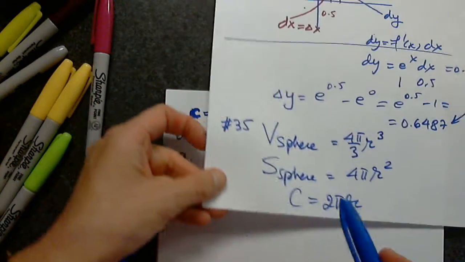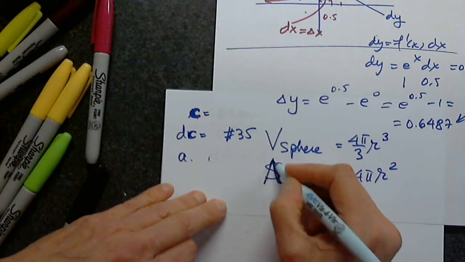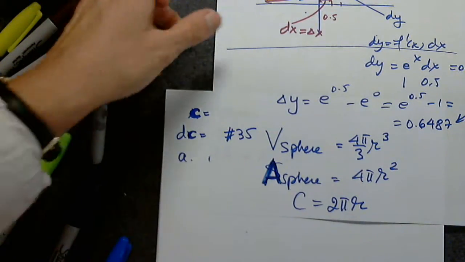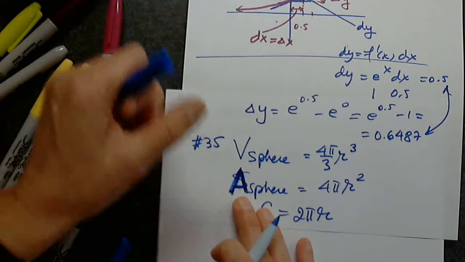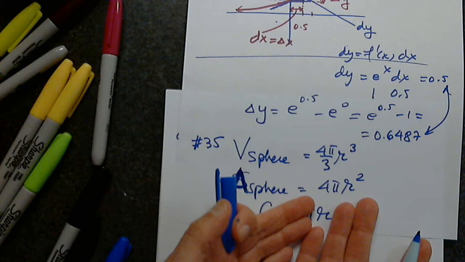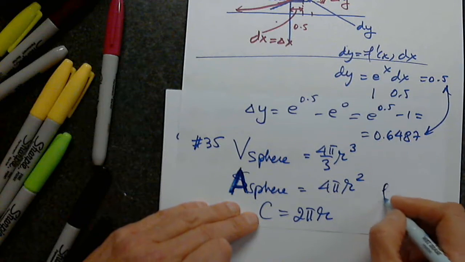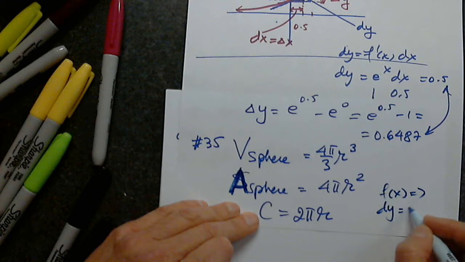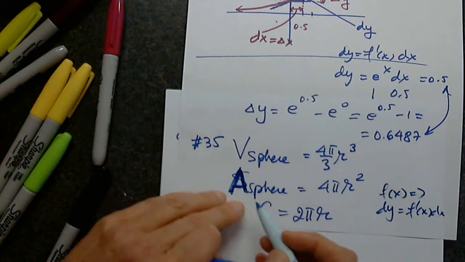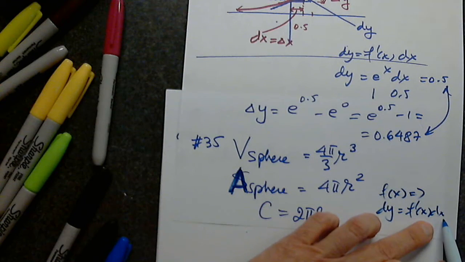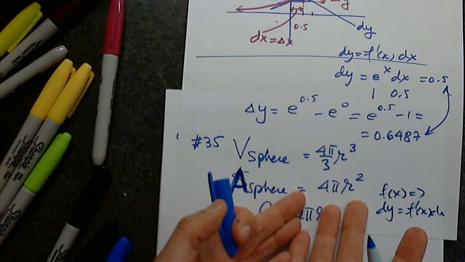I should use S so I don't confuse you. I need to use the same letters. So the area of a sphere. What is the area function of? Just the radius, right? If this were f of x, I would have written dy equals f prime of x dx. But it's area over radius, so it has to be A prime times dr, because there is no other variable in the surface area but the radius.